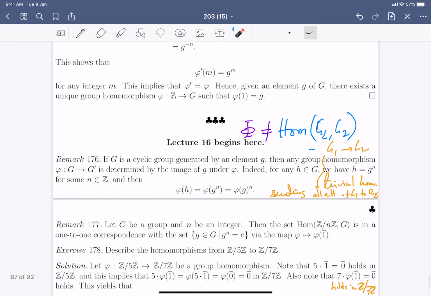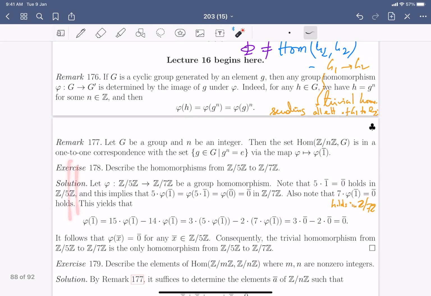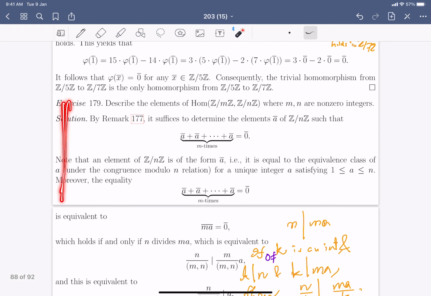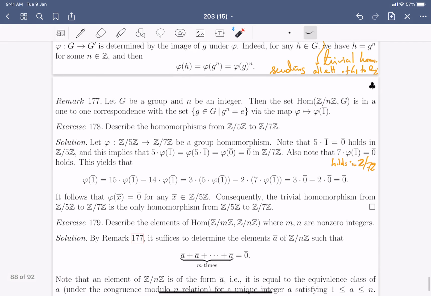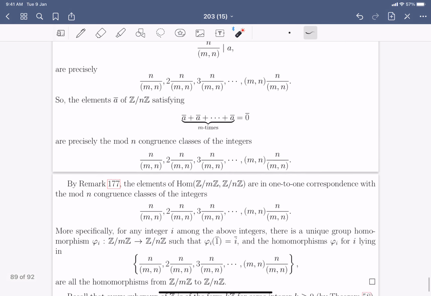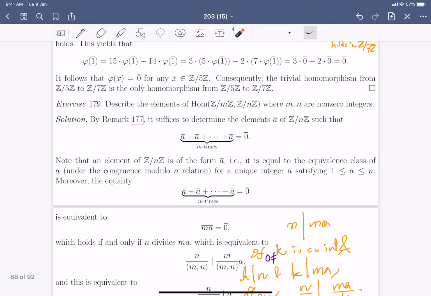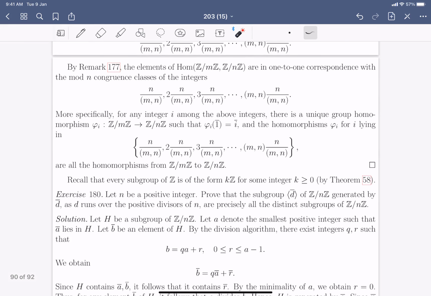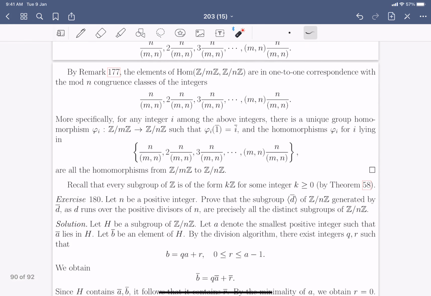So I suggest you go through all these arguments. Exercise 178 serves as a toy example of what we are doing here in exercise 179. And as you see from this more general case, there are exactly GCD(m,n) many homomorphisms from Z mod mZ to Z mod nZ.